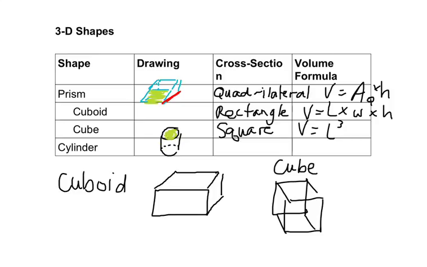But if I slice this way, like slicing a salami, then all the slices look the same. So the area of a circle, pi r squared, times the height. Here is our height h, and of course we would have a radius in the middle of the circle.